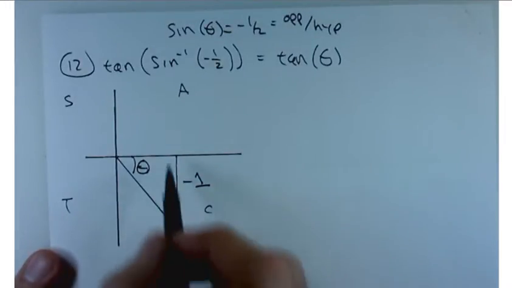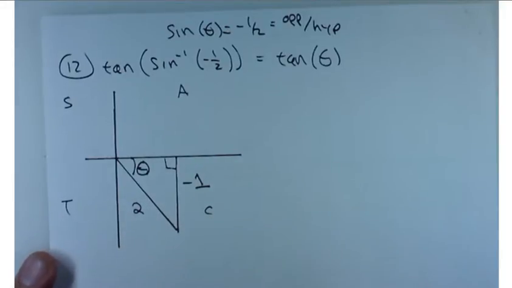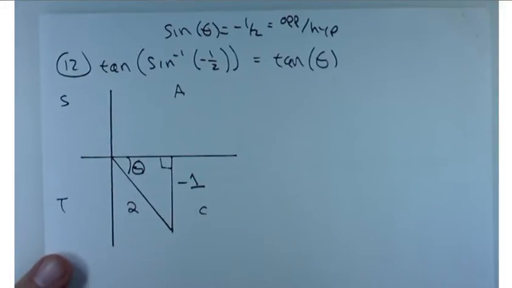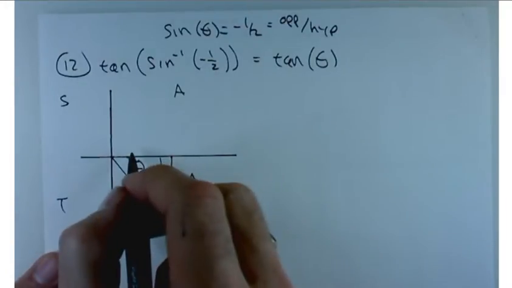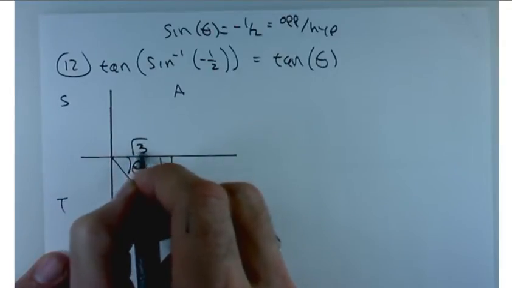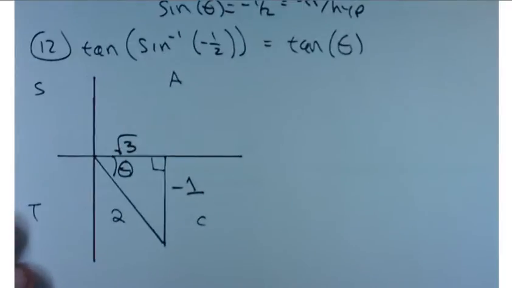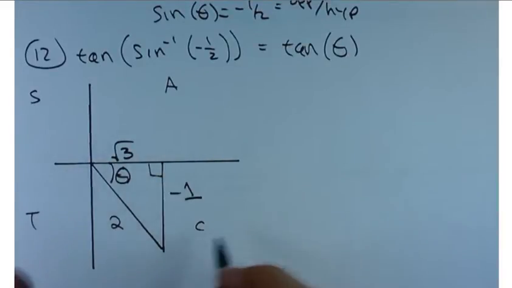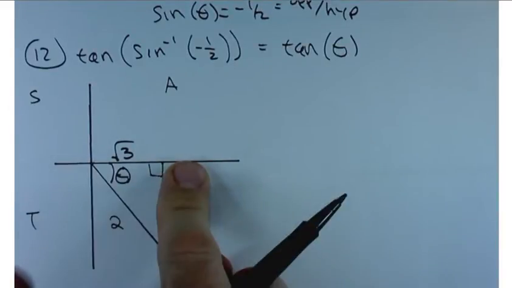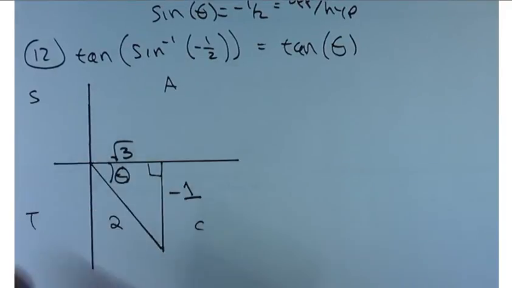The hypotenuse has to be opposite the 90-degree angle, so that has to be a 2. We've played with these numbers in the previous problem. Does anyone remember what the length of this side is going to be? Square root of 3. Now it's a positive square root of 3 because you're in the fourth quadrant, and here the value of x has to be positive. If we're in the third quadrant or the second quadrant, then you'd use the negative root 3.